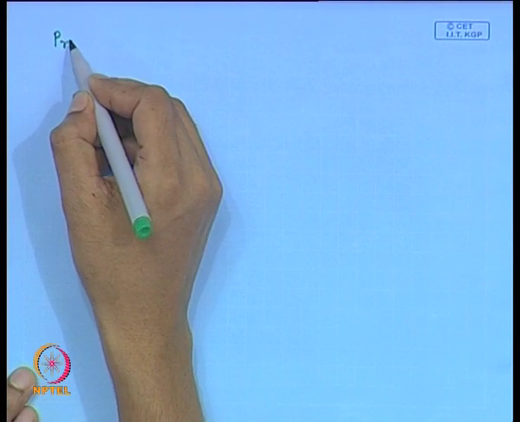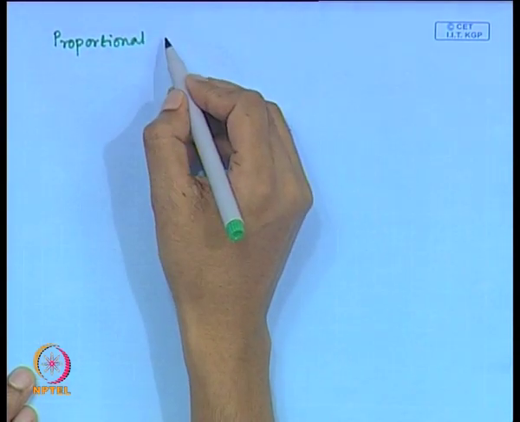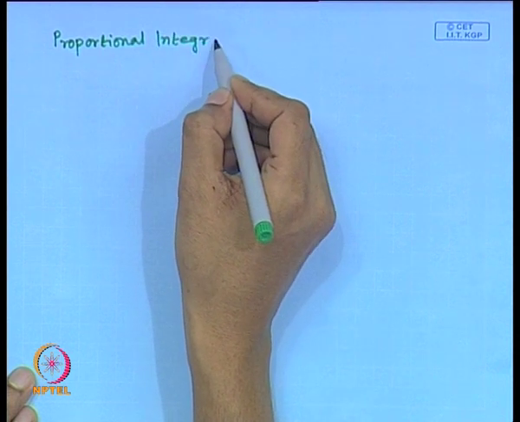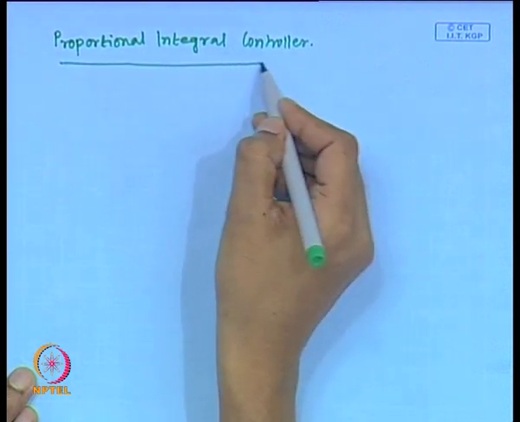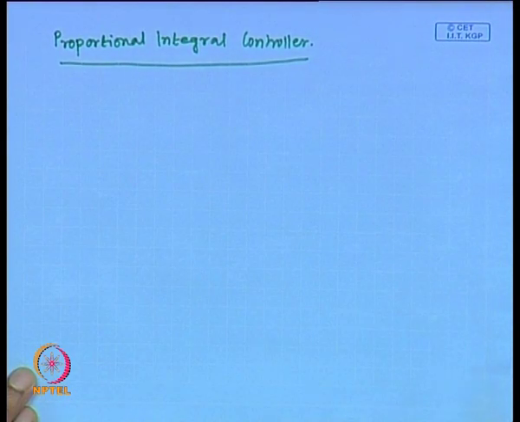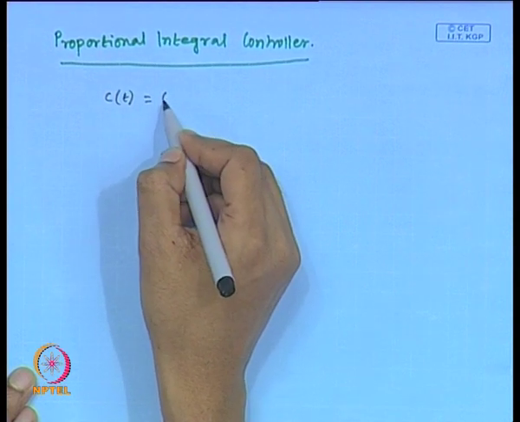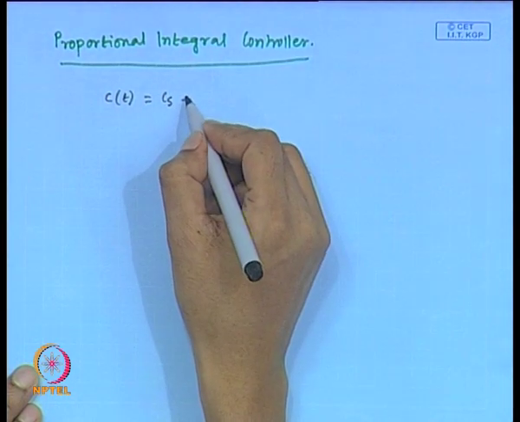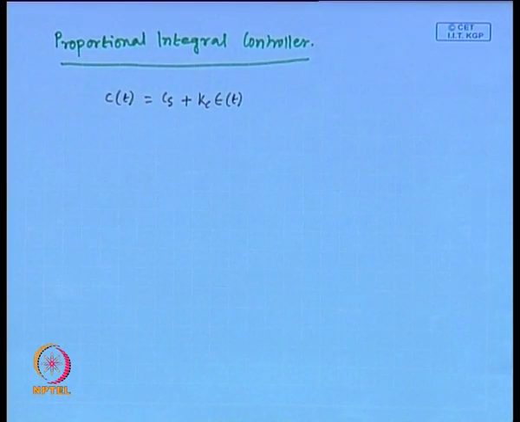Okay, next we will discuss the second controller, that is the PI controller, proportional integral controller.